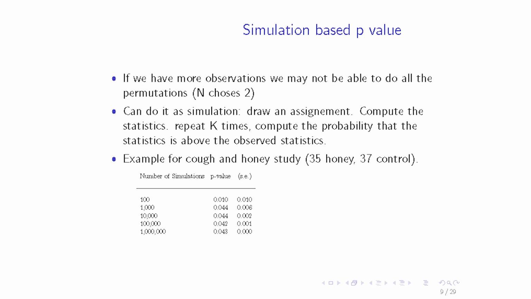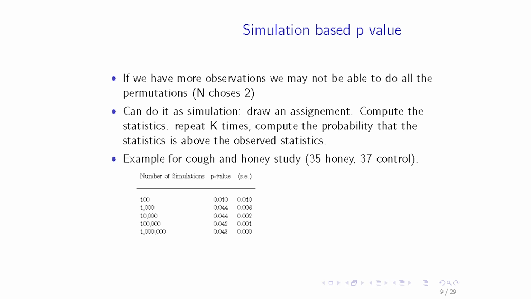You can draw a possible assignment by drawing in your sample of n without replacement, a particular random one. Compute the statistic you're interested in for that assignment. Repeat. You can do it as many times as you want, depending on how patient you are. The more you do, the more precise your p-value is going to be.